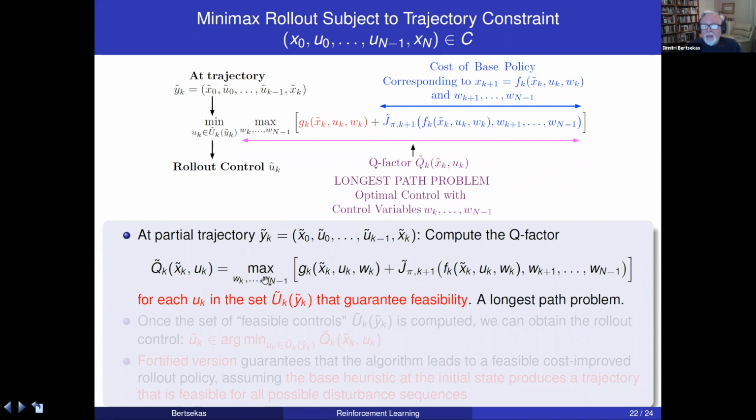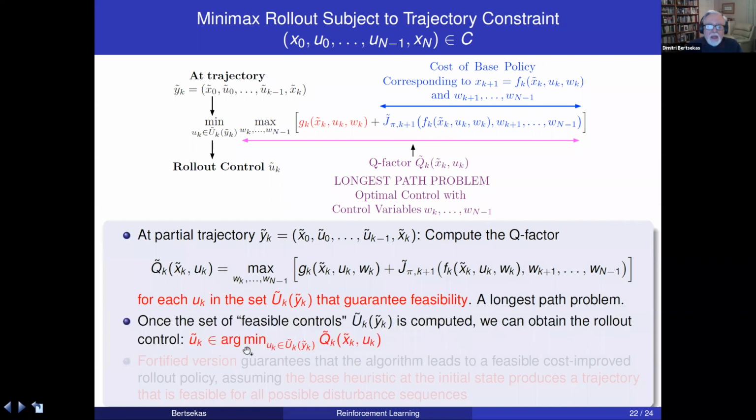No matter what the malevolent adversary will do, he cannot get us to violate this constraint if we use the base heuristic. So this is again a longest path problem. We can solve it and find the minimum Q factor and the control that attains this minimum Q factor. And this is what the rollout algorithm will apply at this partial trajectory.